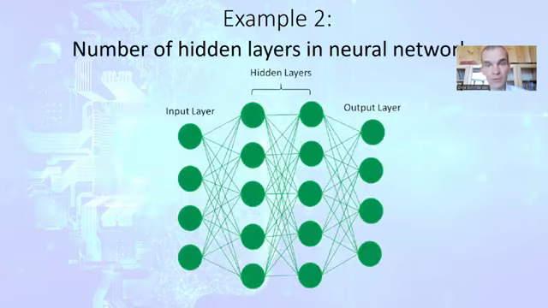Or for example, a hyperparameter of a neural network is the number of hidden layers, or the number of units or neurons in specific layers, which constitute the neural network.